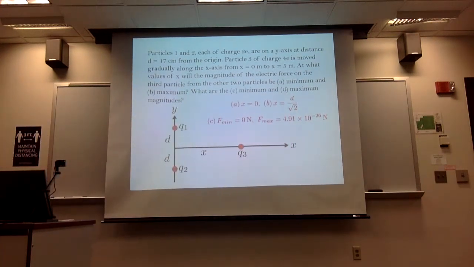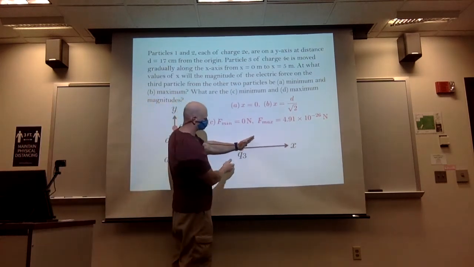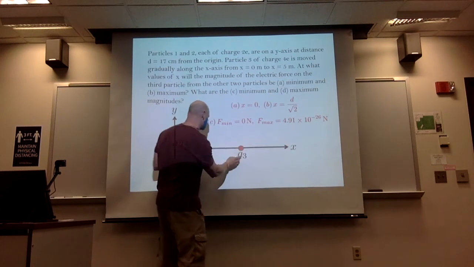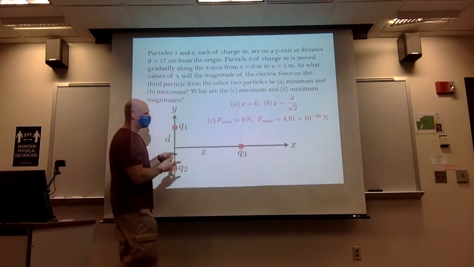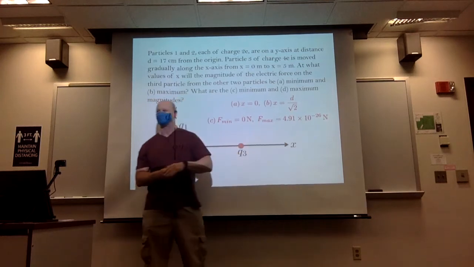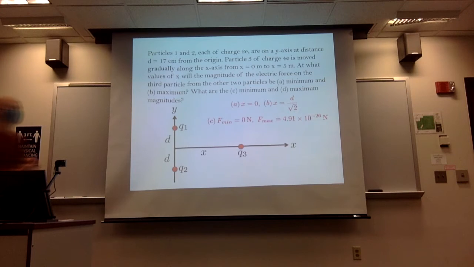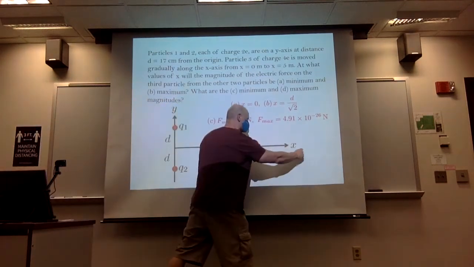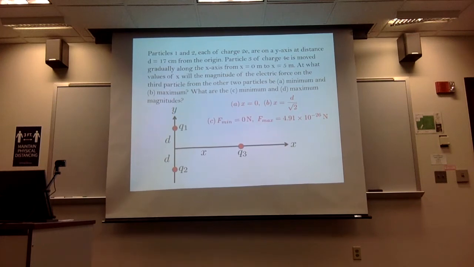It's 0, right? The two vertical pieces are exactly the same. Since they're both the same distance and the same magnitude of charges, the vertical components of the force are equal and opposite, so they just cancel out. Which means the only thing I'm left with is the horizontal force along the x-axis. So this is going to be the direction of the force.